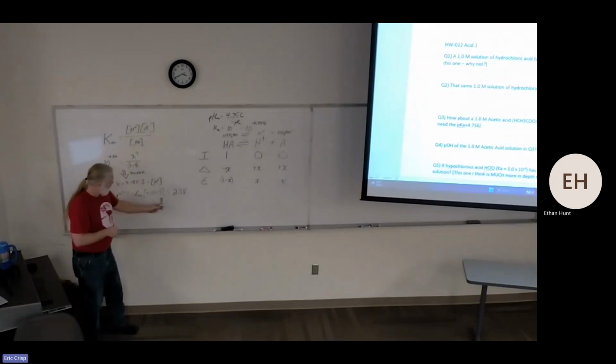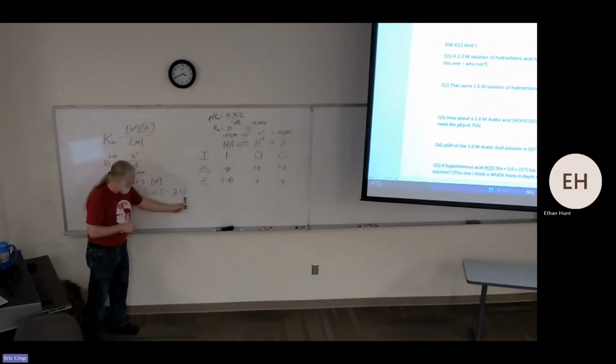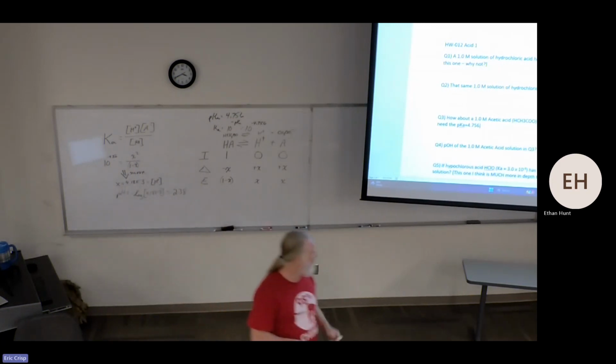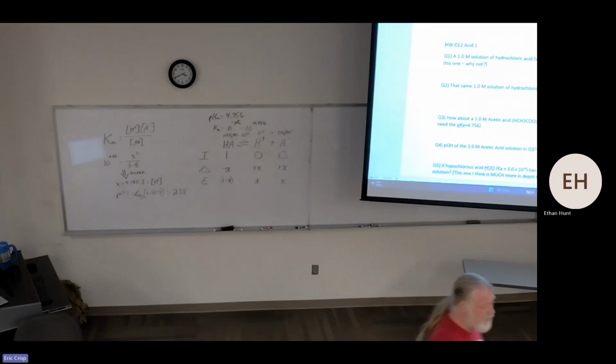But when you do a logarithm, the decimal places are your significant figures. So 2.38 is actually correct, because 2 sig figs gives you the 2 as the order of magnitude, and then the 3.8 is your significant part. Don't worry about it. Okay, so we get a pH of 2.38.